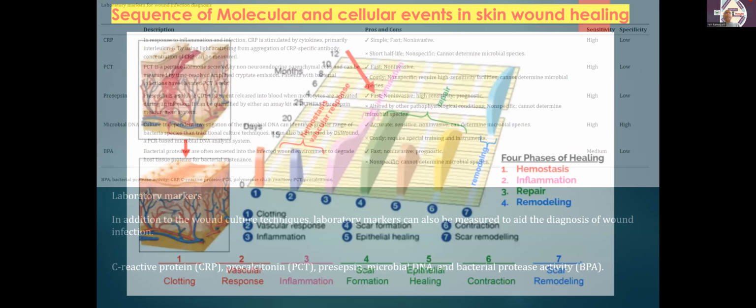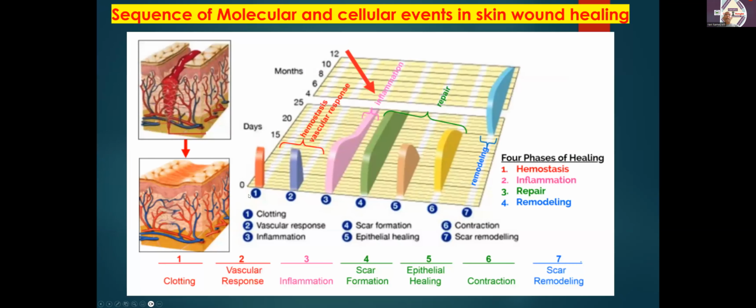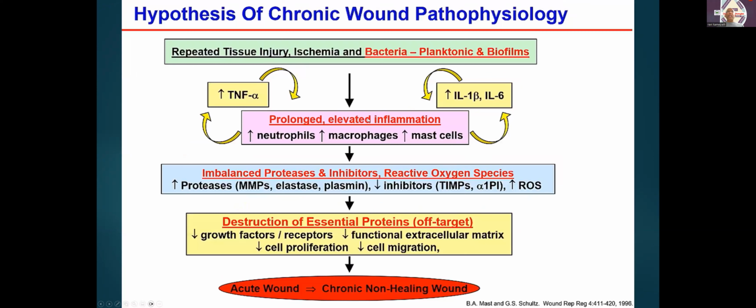Now, we have to understand the sequence of healing. We all know about hemostasis, which happens, then inflammation, repair, and remodeling. These are the four phases of healing. But when the wound is non-healing, it is getting stuck in a chronic inflammatory phase, wherein there are prolonged elevated inflammatory cells, with neutrophils present and increased macrophages.